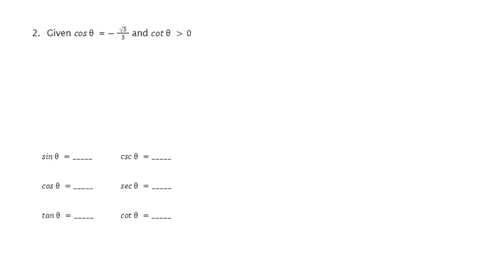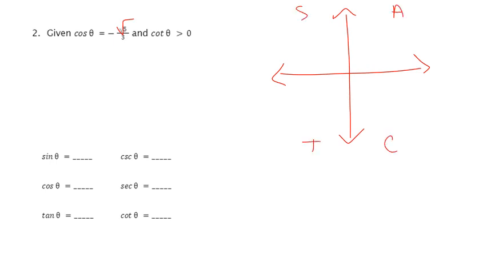For this last example, that's actually a negative radical 5/3. Same thing. So I'm going to go ahead and first figure out what quadrant we're in. So I'm going to put all Slurpees taste cold. Cosine is negative. Negative 5 root 5/3.